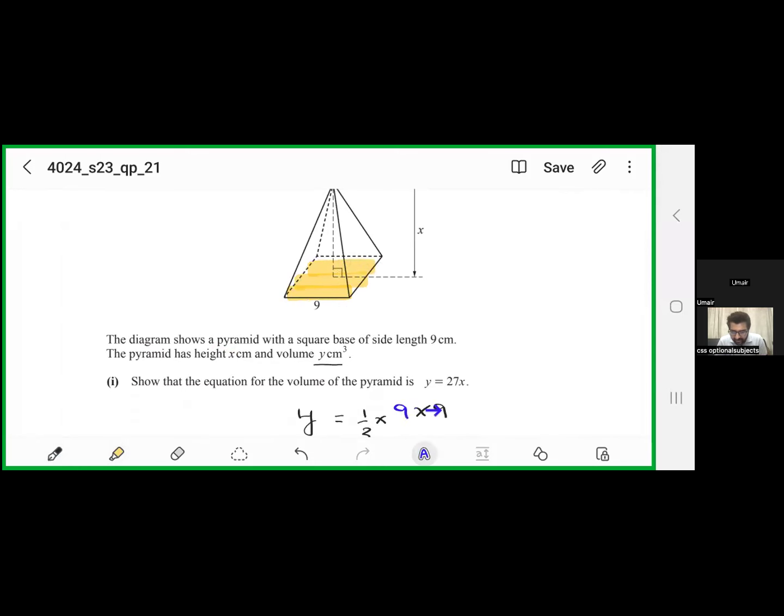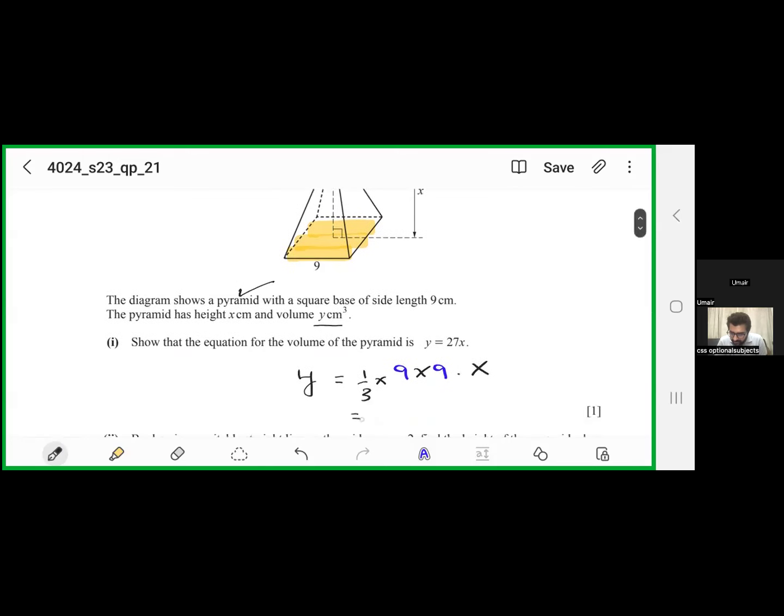So 9 into 9 is the area of this base, and height of this pyramid is x. So our answer will be, 3 and 9 will be cancelled. 9 into 3, 27x. As they have asked us to show that.